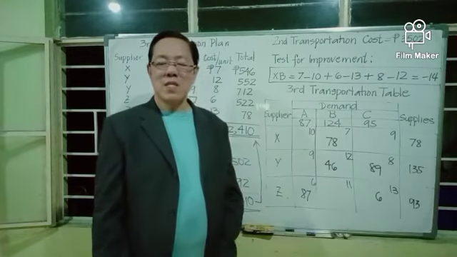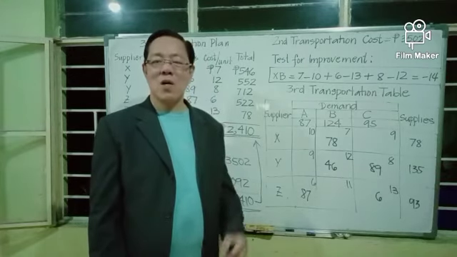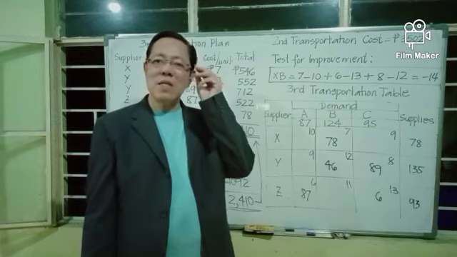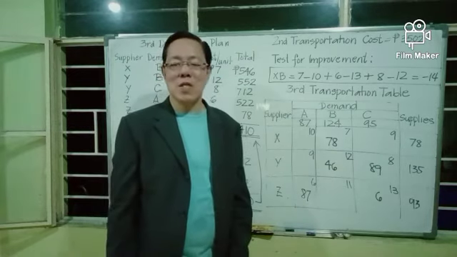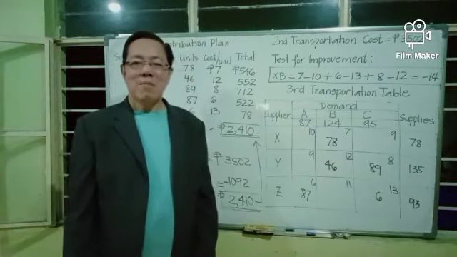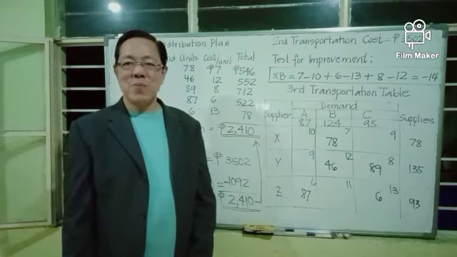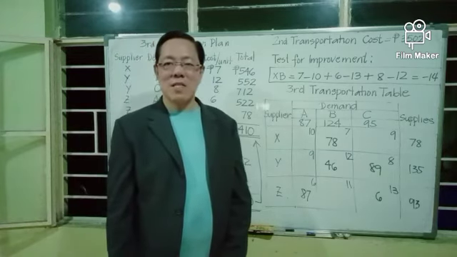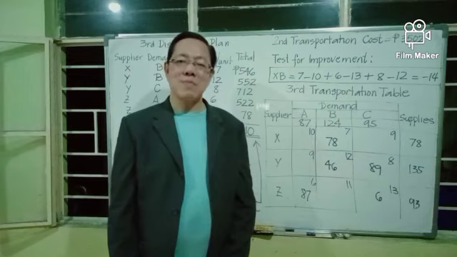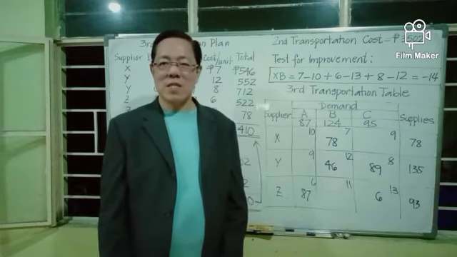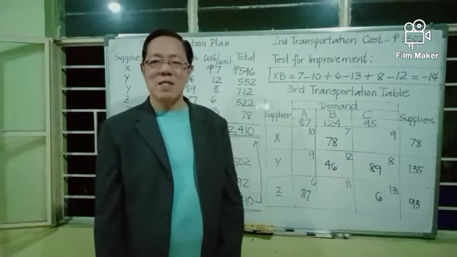If we still have a negative net cell cost in the test for improvement, that means that the solution is not yet complete. But if in the test for improvement, all the net cell costs are either 0 or positive, then the solution is complete.